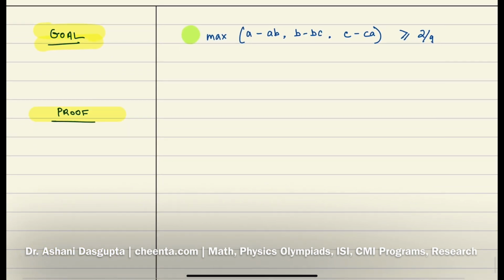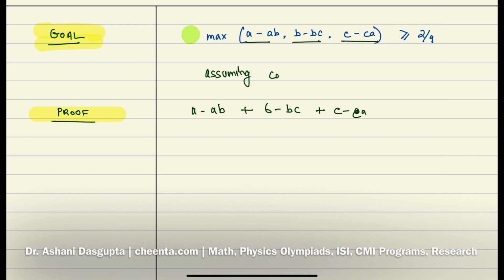So we will simply add up these 3 quantities, a minus ab plus b minus bc plus c minus ca, and assuming contradiction, that means we will assume that this is not true and show that we will end up in something wrong. So assuming contradiction, we can assume that all of these quantities are less than 2 by 9.